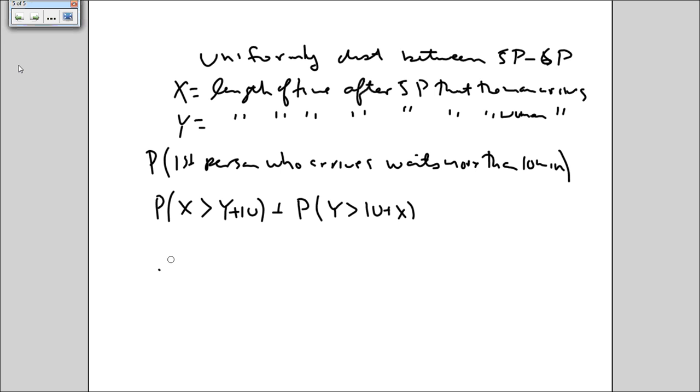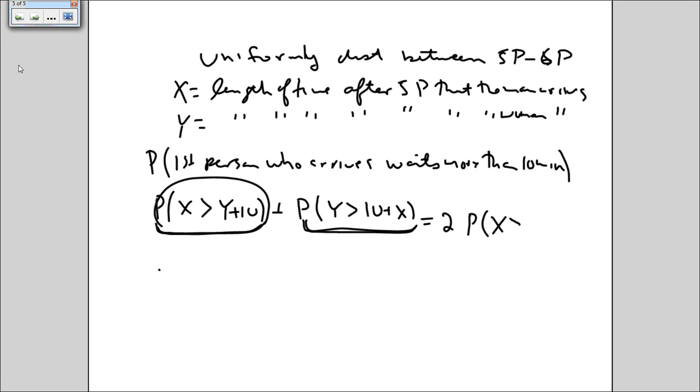What I'm saying is, these two probabilities, the probability that X waits at least 10 minutes is the same chance that Y waited at least 10 minutes. That is, these two are the same. And if you add the same thing to itself 2 times, you get 2 times this same thing. And I'll denote the same thing as that one: the probability that X is bigger than Y plus 10.